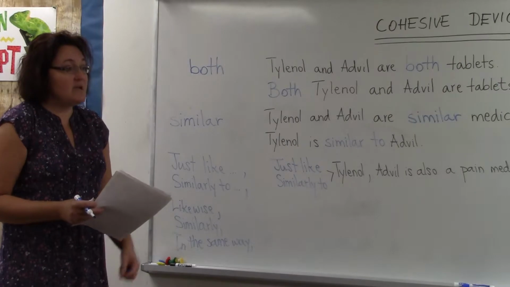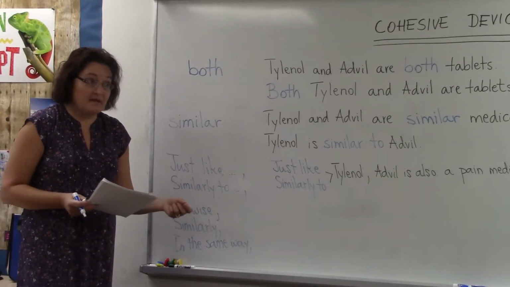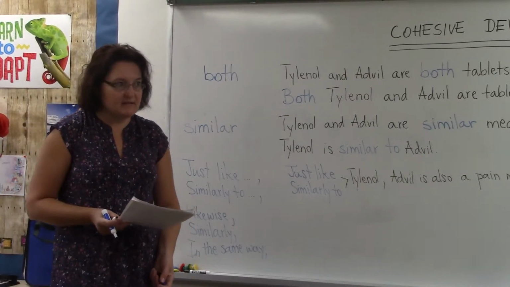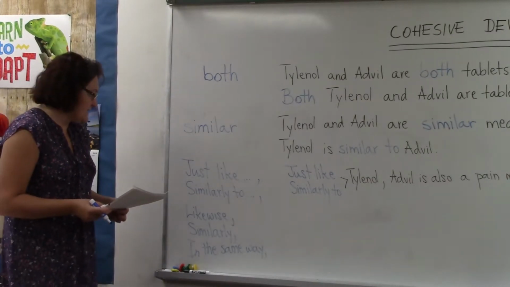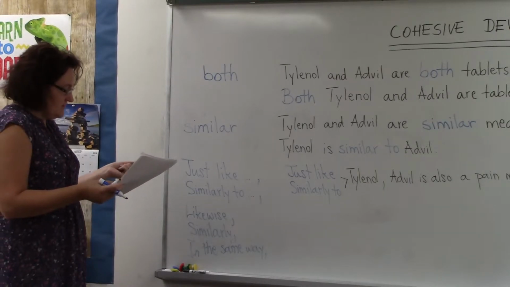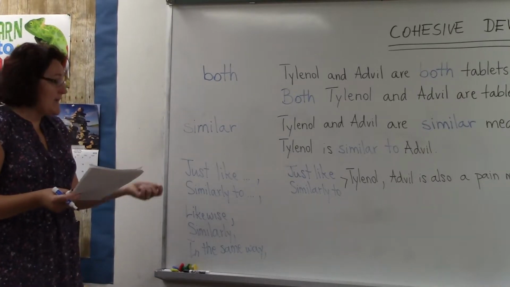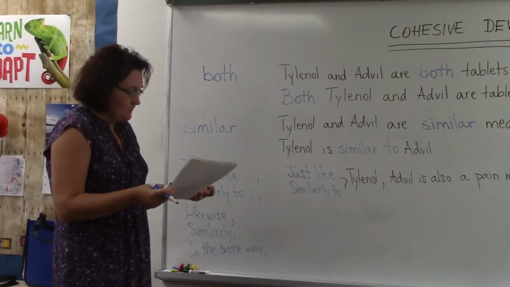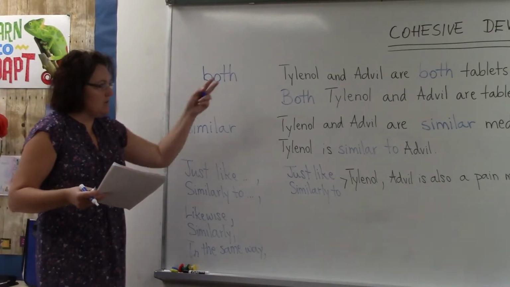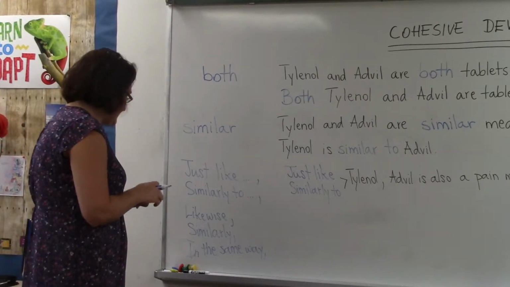We are going to say a full sentence about one of the items that we are comparing, and these are going to introduce the second sentence. So an example for this is Tylenol is good in treating fever and pain. This is our first sentence. Likewise, Advil helps you feel better when you are sick or hurt. So this is a little bit longer than the previous ones because we're using more than one sentence.